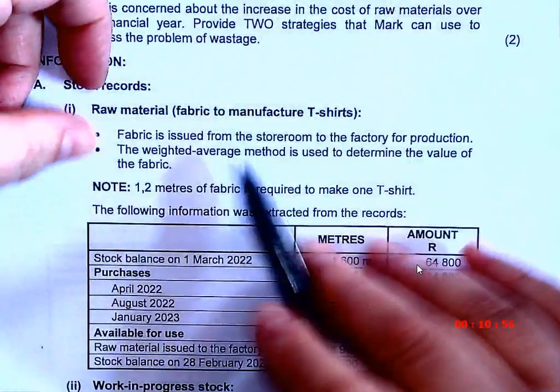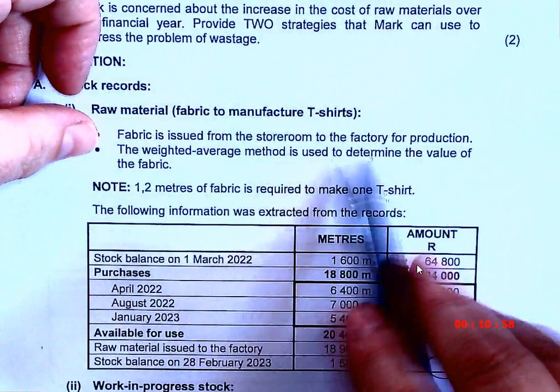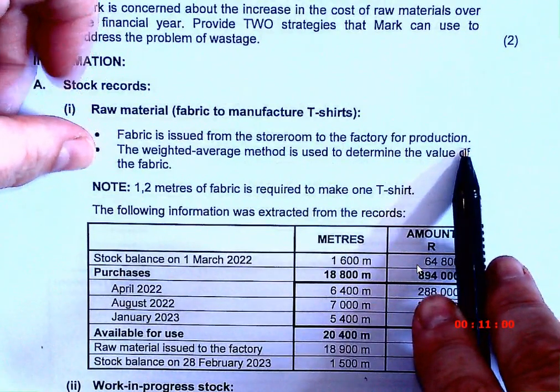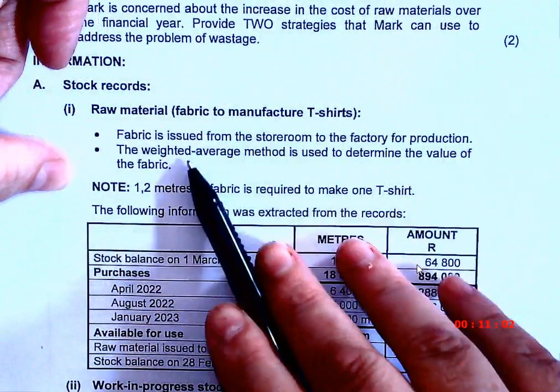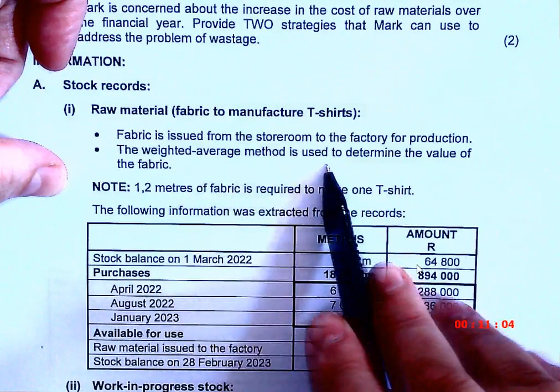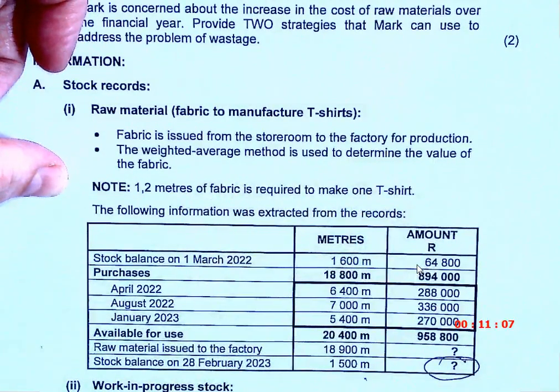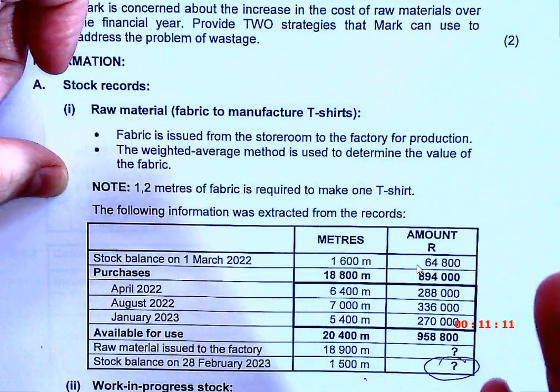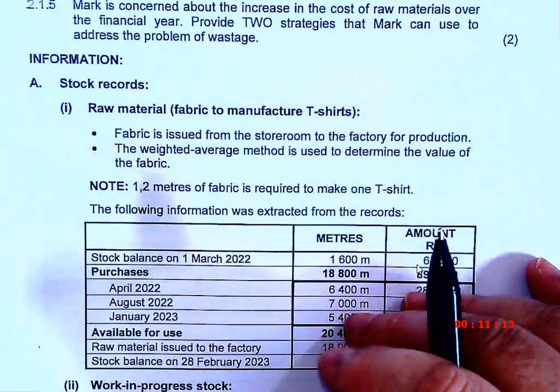So now let's read the info. Fabric issued from the storeroom to the factory for production is the raw material. The weighted average method is used to determine the value of the fabric. Oh! Can you see what you're supposed to do here? Okay, so let's do it. Let's not be scared.